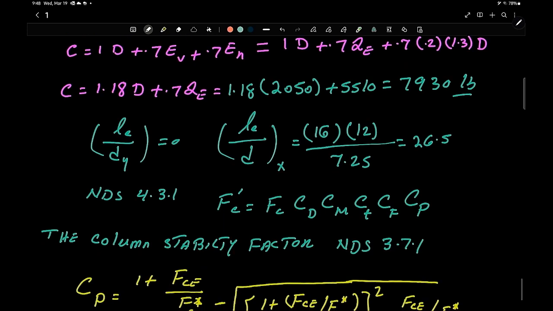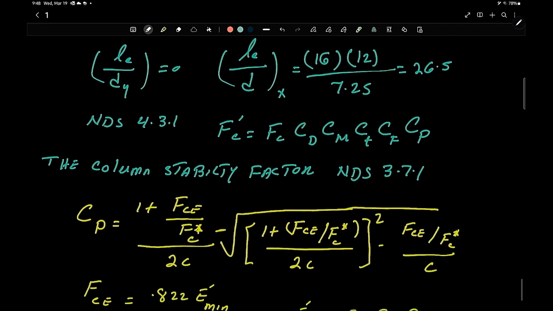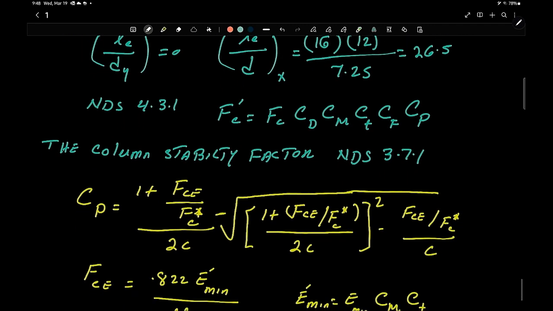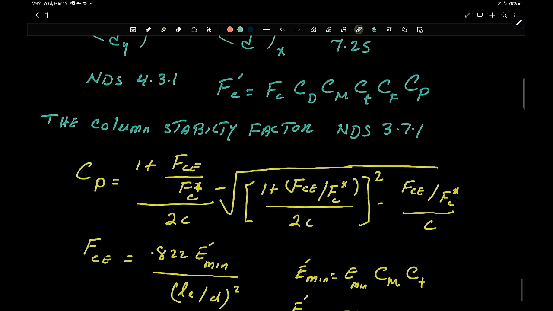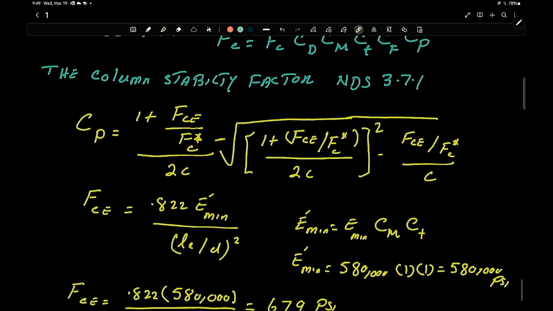We're going to find this effective length over D on a strong axis, and we're going to get 26.5. And from NDS 4.3.1, this is the equation. You've seen this many times. The F prime C is equal to FC times CD, CM, CT, CF, CP, and then the column stability factor based on NDS 3.7.1 is this long equation, which I went over here.